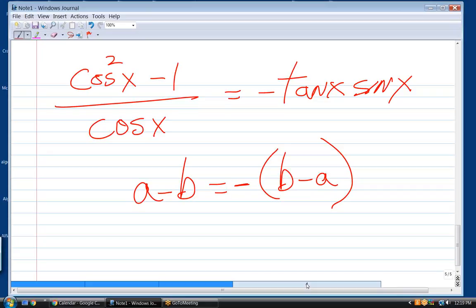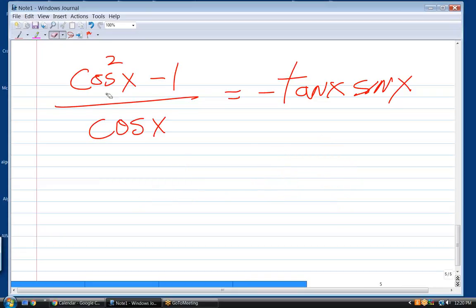So then that means 1 minus cosine squared x is equal to what? It is equal to cosine squared x minus 1, with a negative sign in front of it. In other words, if I want to rewrite this in the way I want to see it, I'm looking for 1 minus cosine squared x, because I'm going to be able to replace that with sine squared x.